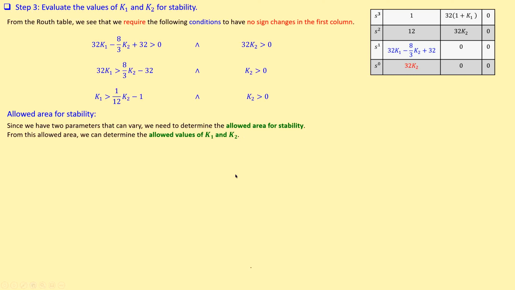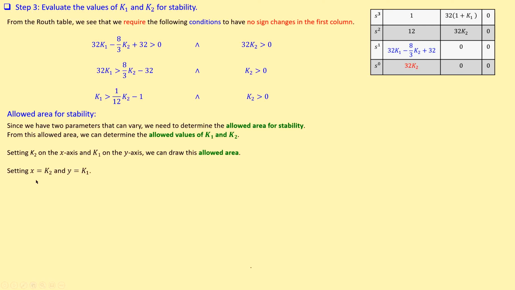From this allowed area, we can then determine the values of K1 and K2 in a more precise way. Now, setting K2, as we said earlier, on the x-axis, we can also do it for K1, but I think K2 is easier, and make K1 the y-axis. Then we can draw the allowed area. We will do that shortly.